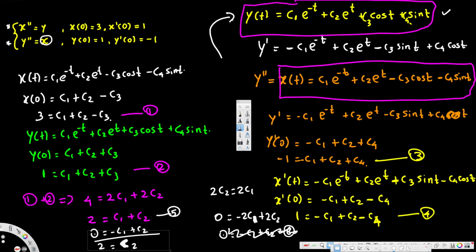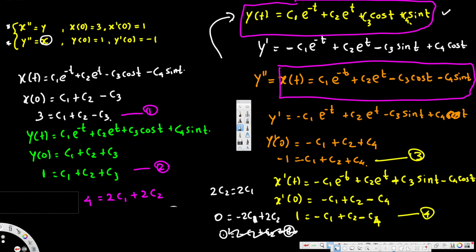If that's true, then instead of adding like this, we can put 2c2 equal to 2c1, so 4c1 is equal to 4, therefore c1 is equal to 1. If c1 is 1, then c2 is also 1, because instead of 2c1 we can also plug in 2c2, so 4c2 is equal to 4, therefore c2 is also equal to 1.